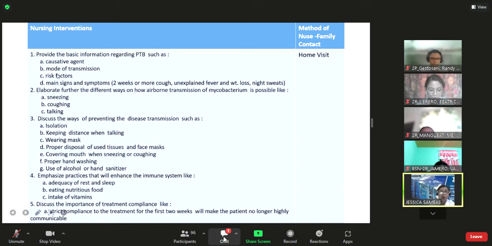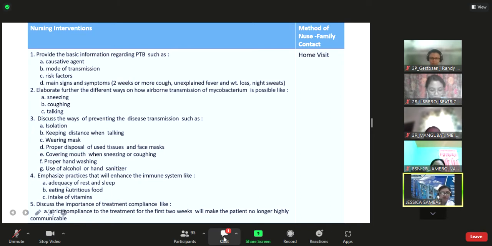So, kompleto po. Next, elaborate further the different ways on how airborne transmission of mycobacterium is possible, like sneezing, coughing, talking. Third, discuss the ways of preventing the disease transmission, such as isolation, keeping distance when talking, wearing mask, proper disposal of used tissue and face mask, covering mouth when sneezing or coughing, proper hand washing, use of alcohol or hand sanitizer.